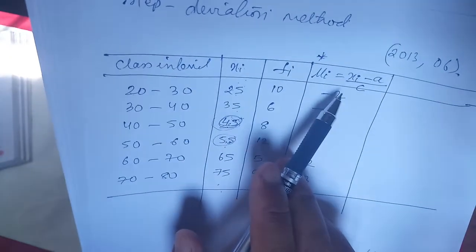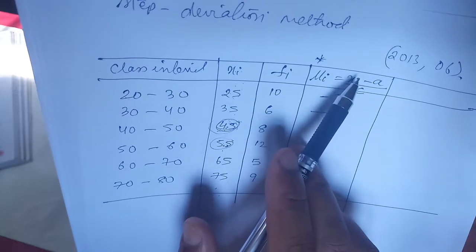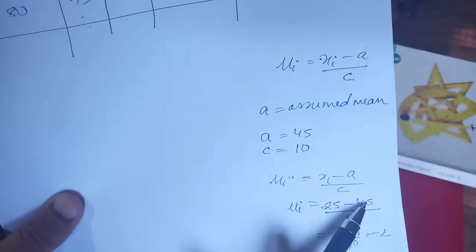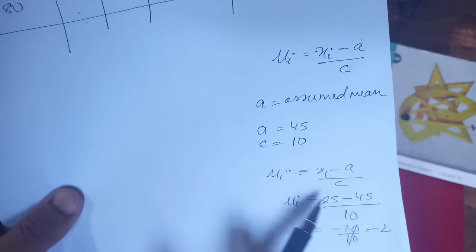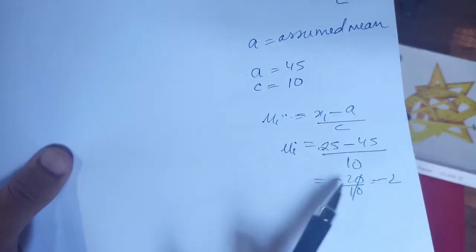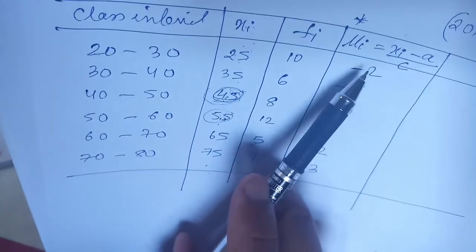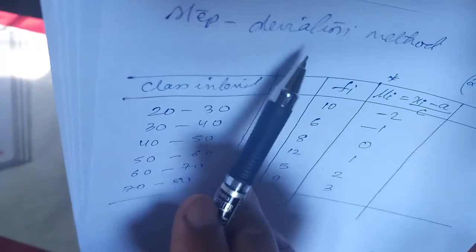See, only this one you have to find by putting the value of xi as 25, a as 45 upon c as 10. So you have subtracted, it will be negative. Then you have found the first value, minus 2. Then no need to do anything, that's why it is a shortcut, the step deviation method.